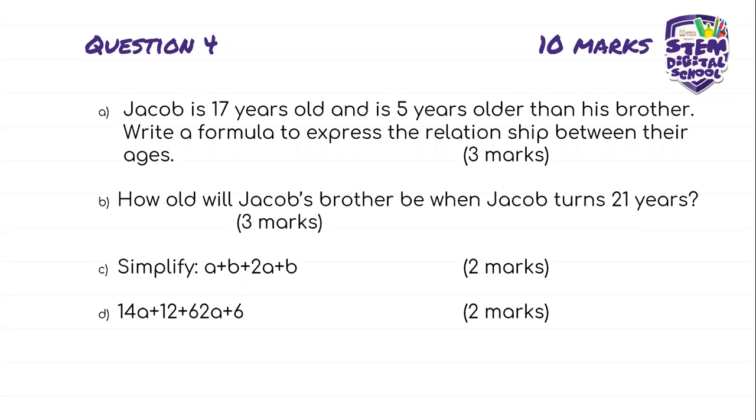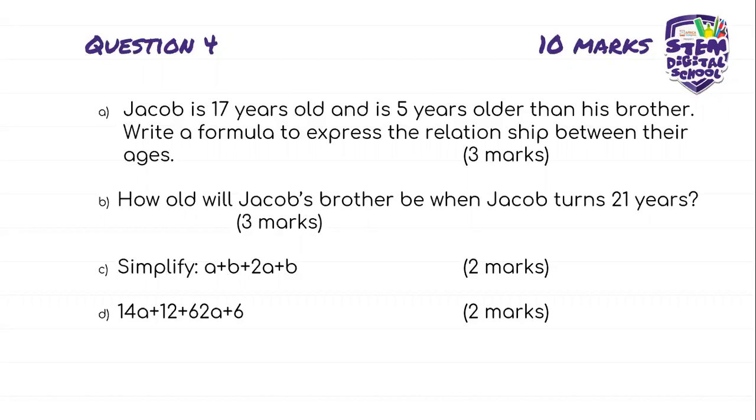Once again, all that you need to do is to collect or group the like terms together. So you'll group 14a together with 62a. And thereafter, you'll group the numbers together, or rather the constants. Then you need to add 14a plus 62a.